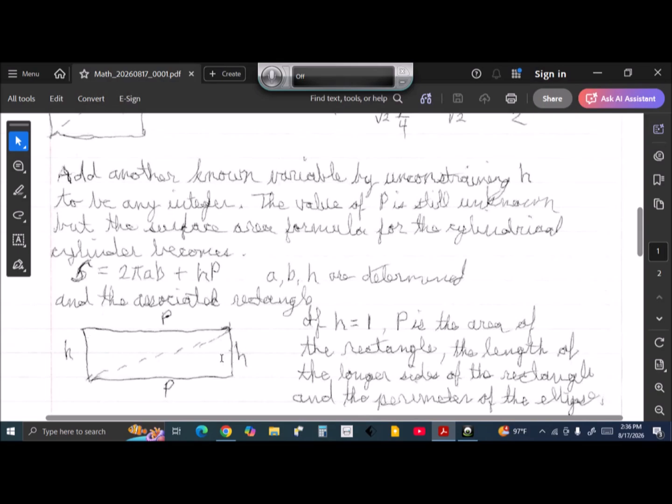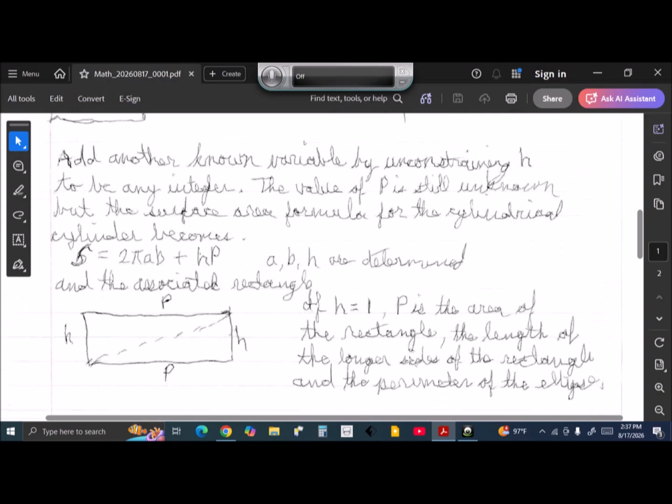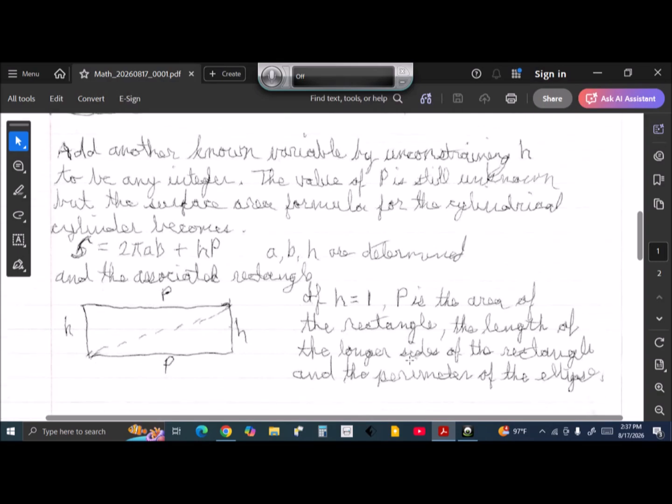The area of this lateral side is now equal to P. So we got P on the longer sides, and P is the area. But P is still the unknown.